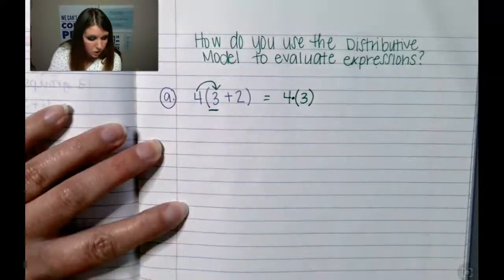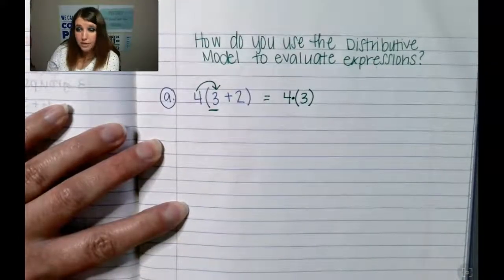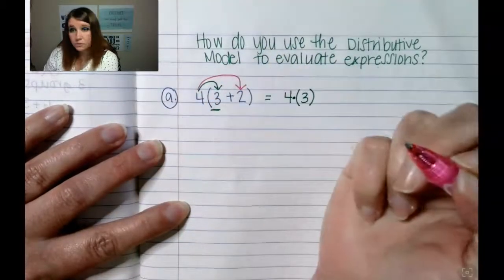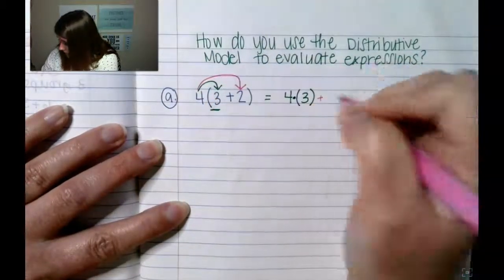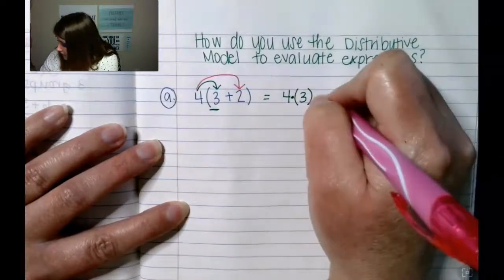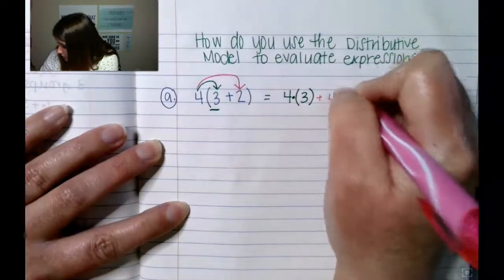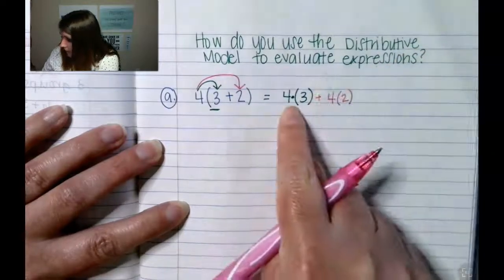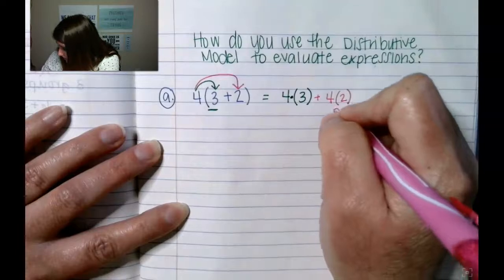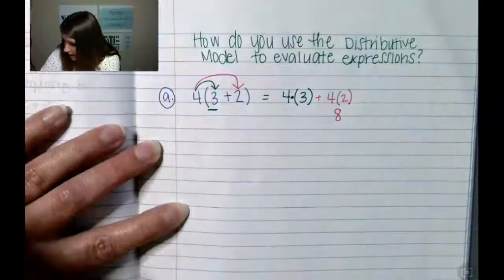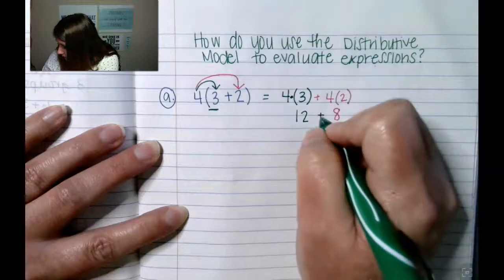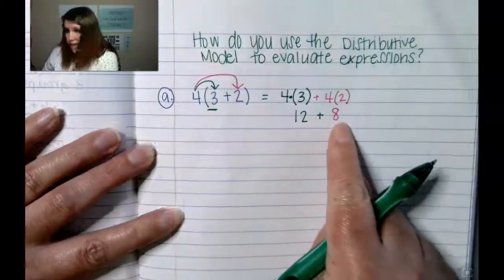I'm also going to share this now with the 2: 4 times 2. And I use a plus sign because I had a plus sign in here. Now I can just multiply straight across. I know 4 times 2 is 8, and 4 times 3 is 12, so I end up with 12 plus 8.